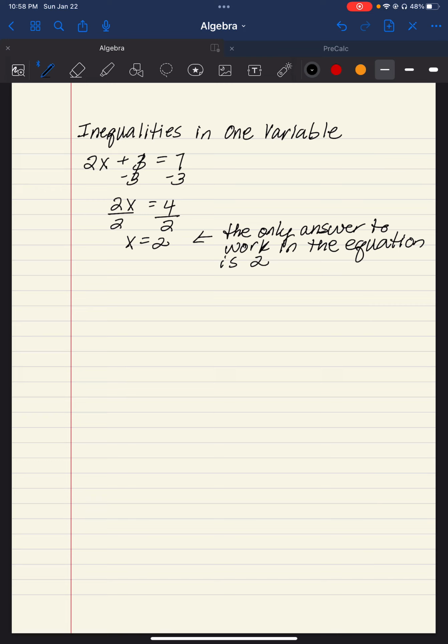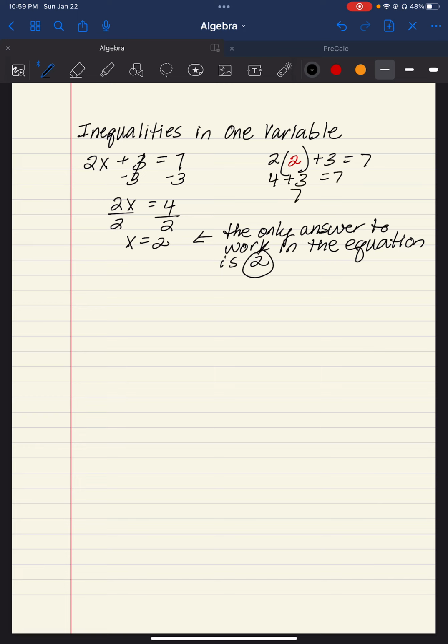So if we plug our answer back in for x, 2 times 2 plus 3 is equal to 7. See what we did there? We just put this 2 right in to check and see if we get a true solution. So let's see. 2 times 2 is 4. 4 plus 3.